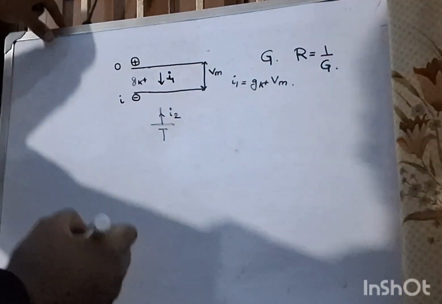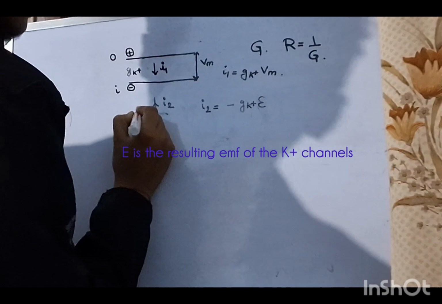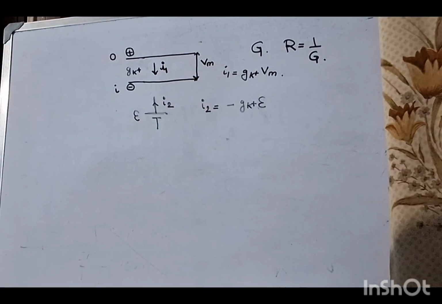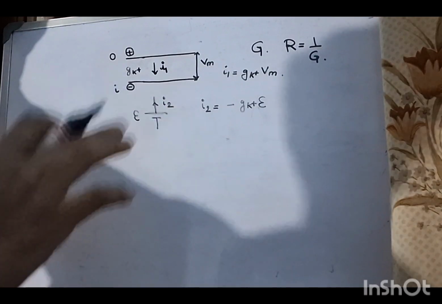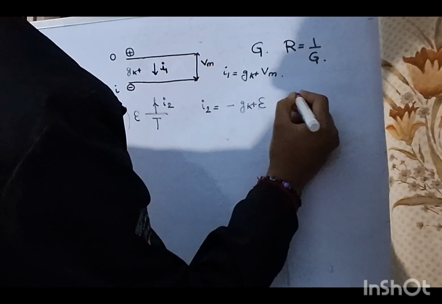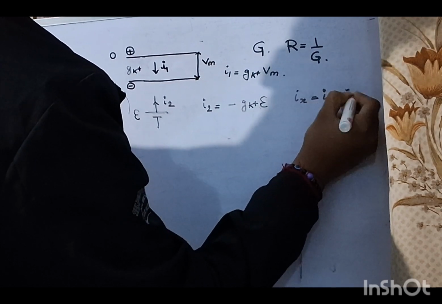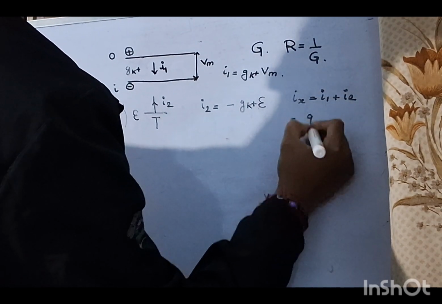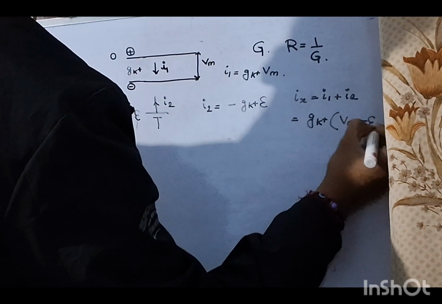Suppose this is I2, which is minus Gk+. If we take the sum total of these two currents, which is still not the actual current flowing through the cell, we have Ix equals I1 plus I2. So we get Gk+ (Vm minus epsilon).